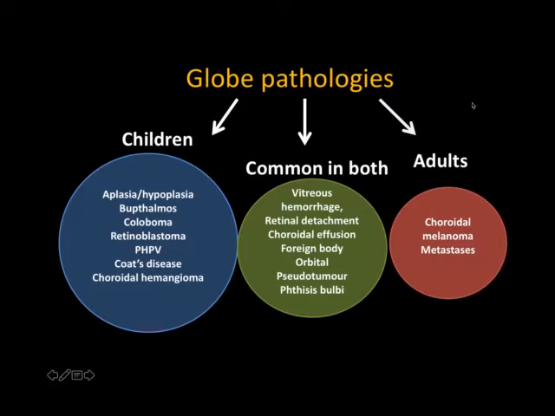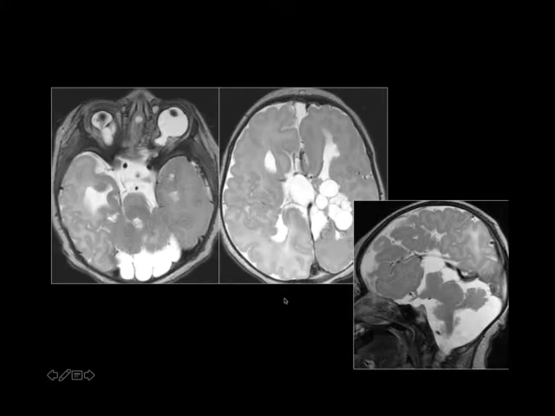Then in adults, choroidal melanoma is a common primary tumor, and metastasis. Metastasis is more common than melanoma here. Then common in both would be retinal detachment, hemorrhage, foreign body, or orbital pseudotumor, which can occur in any of the compartments, and phthisis bulbi.